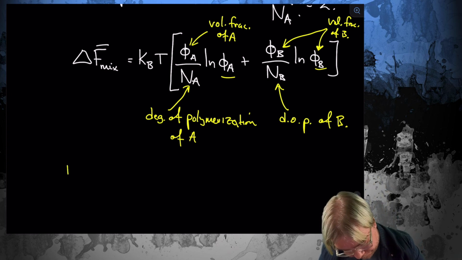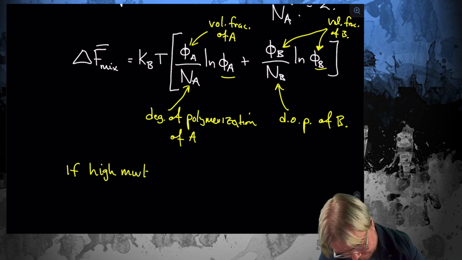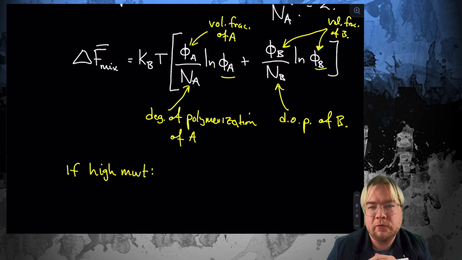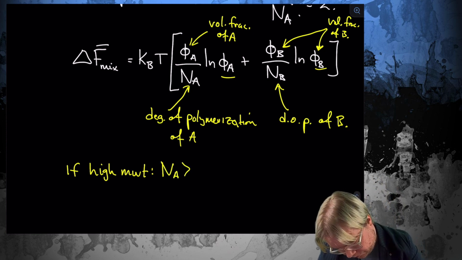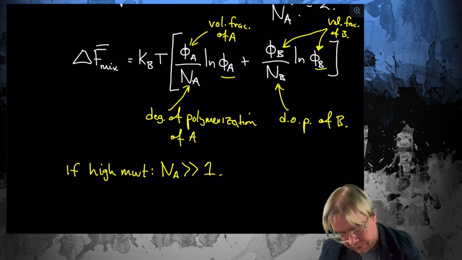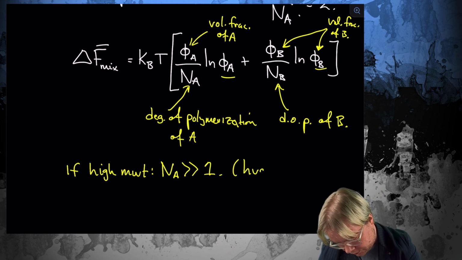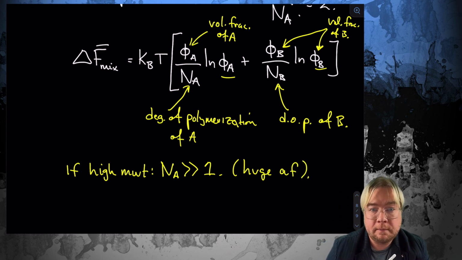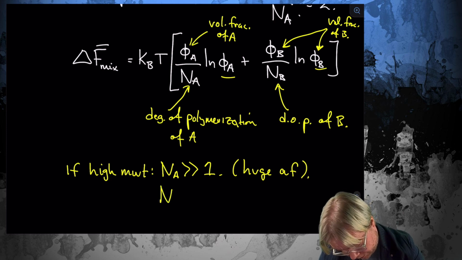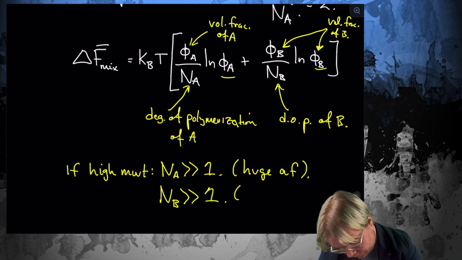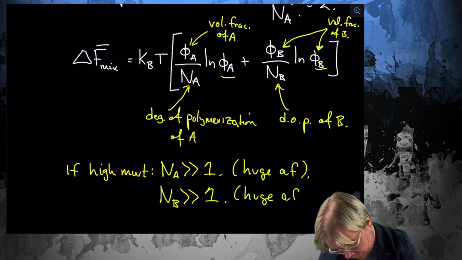Well, if you have high molecular weight, what does that mean in terms of the degrees of polymerization? It means the degree of polymerization is much, much bigger than 1. In other words, it's huge AF. Same thing for B. Okay, so if B is really big, then this is also huge AF.